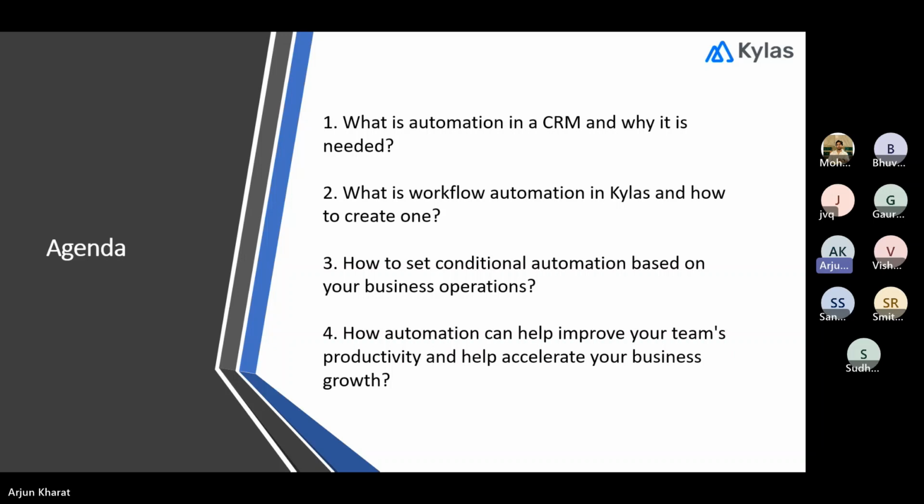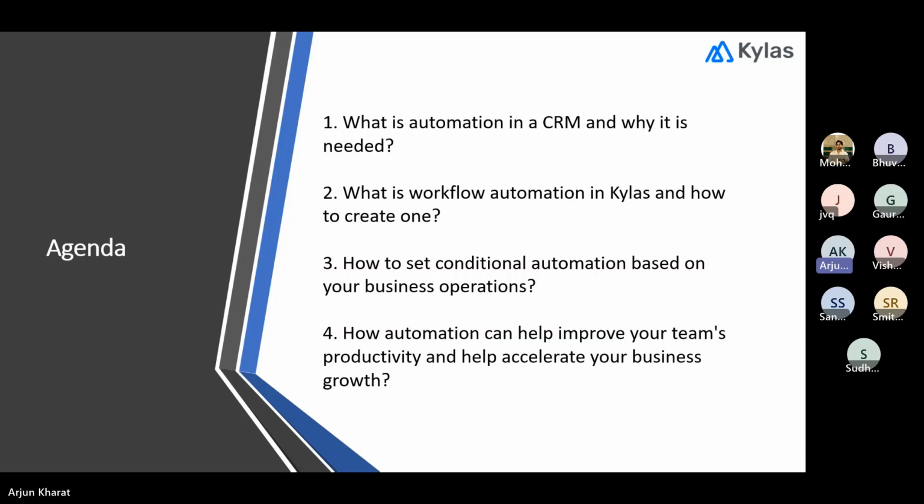Second, we have seen how an automation can be created in the Kylas system, that is automated action item, meaning from one particular action you want to perform something related to that action, which is when a call log got missed or no answer, I want to perform certain action on the associated record of the call log.